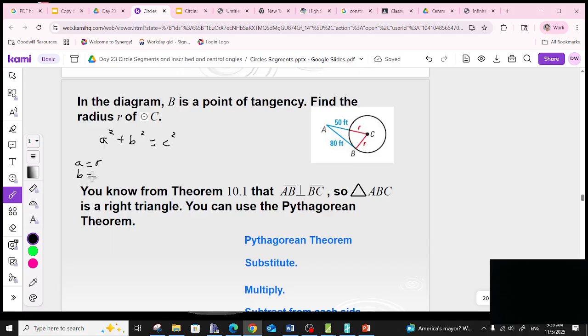B would equal, no, because here would be the right angle. B would be 80. C is this whole segment. What is this whole segment? Not 50. 50 is from here to here. There it is. 50 plus r.